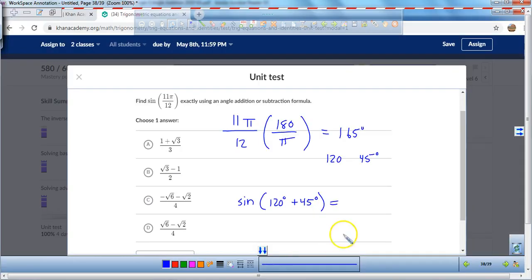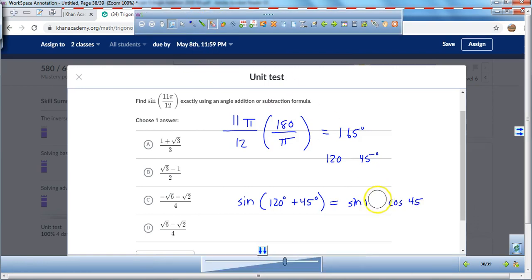All right, so we're going to go over here. We're going to put sine of 120 times the cosine of 45. You know what? I'm going to do it underneath it. Gives more room. We're going to call this x. We're going to call that y.